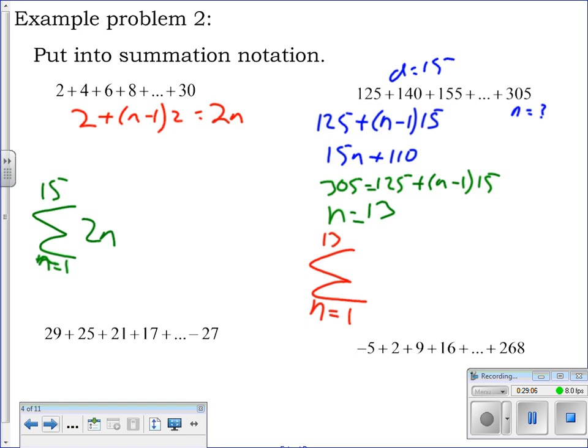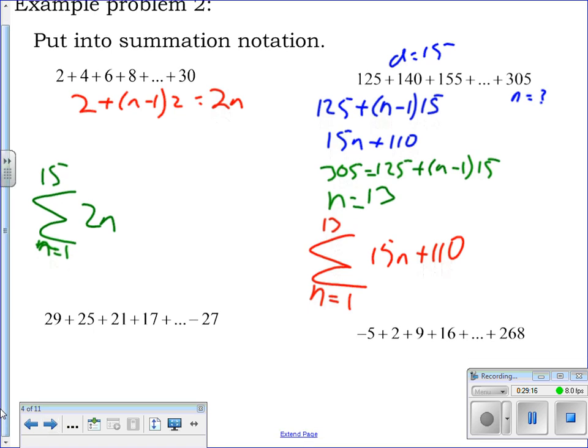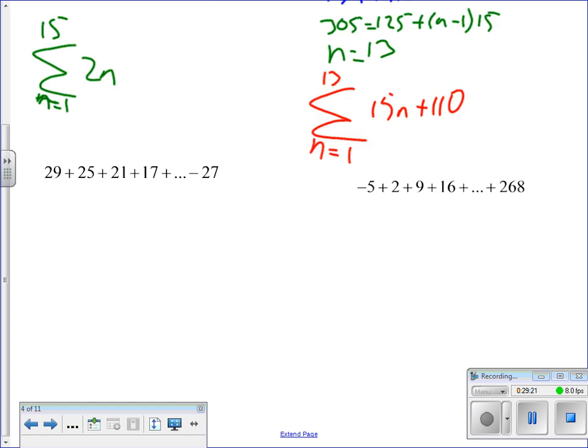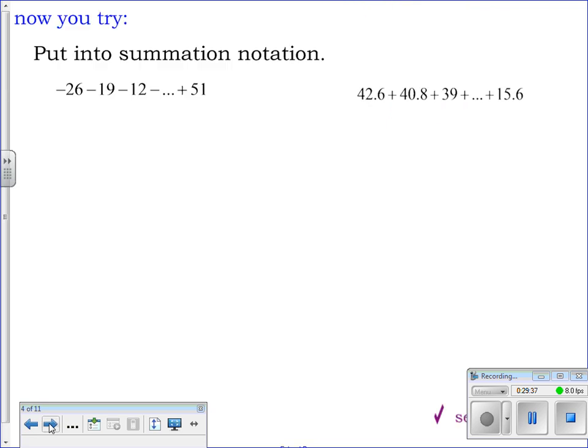And my formula is 15N plus 110. Same process for the next two. Okay. Find your N, find your D, set up the formula, go from there. It's the same process. Do those two.